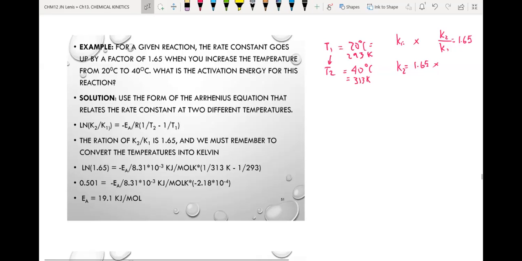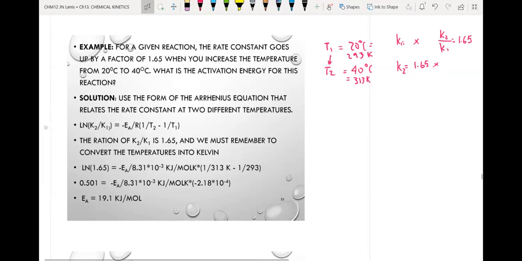We just need to plug that into this equation here. When you plug everything in, you take the natural log of 1.65, which is the ratio you already have. Sometimes the problem gives you the value of K2 and the value of K1, so you need to plug that in, K2 over K1, then take the natural log of that fraction, plug in the two temperatures, work it out, and solve.